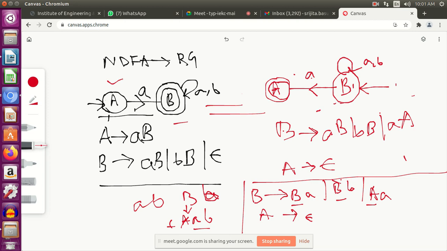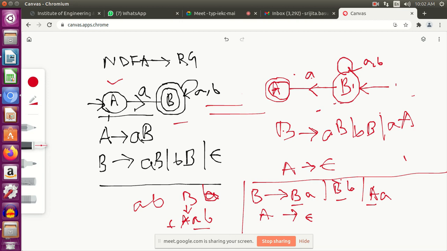Having two or more final states won't be a problem. But if you have more than one final state, let me think. You are reversing the edges. I think the initial state will only become the final state, because I am not finding the complement of the DFA, I am reversing it, so the direction is getting reversed.